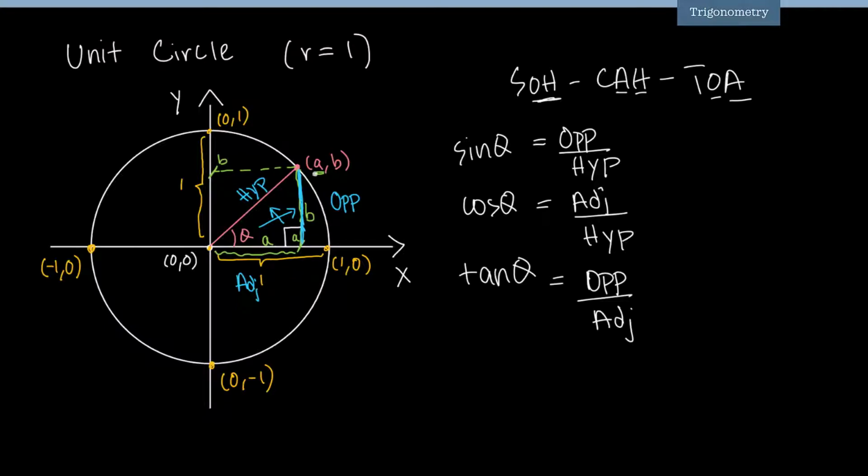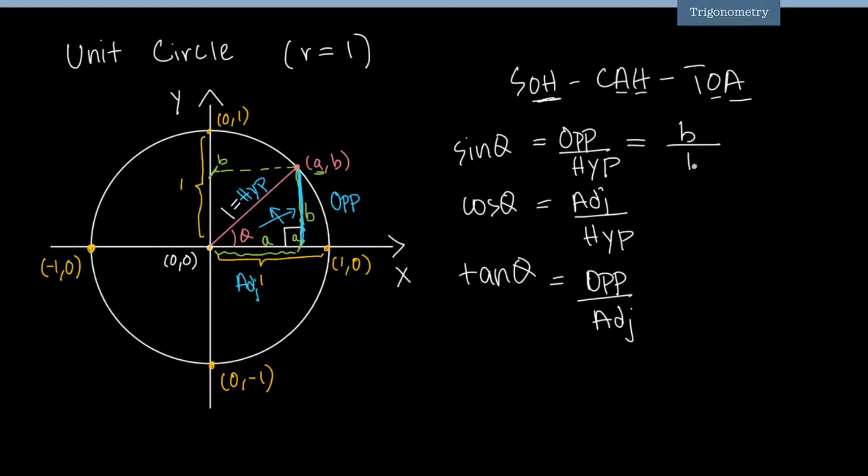We know that the length of the opposite side is B, so in place of the opposite side I'm going to write B. And in place of the hypotenuse, you can see that the hypotenuse is from the origin up to the circumference of the circle. If the radius of this circle is 1, then this distance and this distance are going to be the same, because this is also the radius. So the length of the hypotenuse is 1. So in place of hypotenuse, I'm going to write 1.